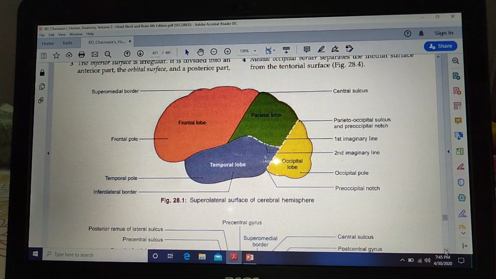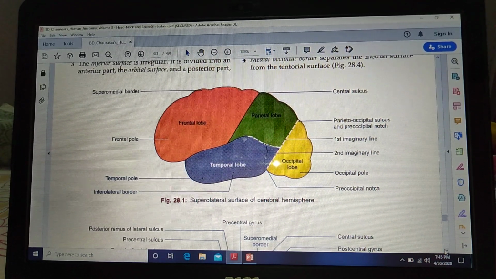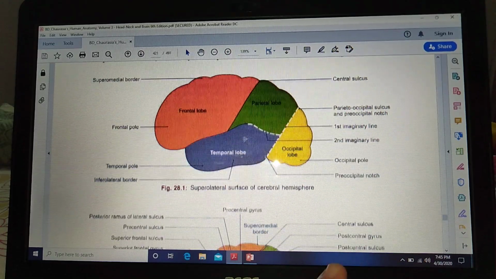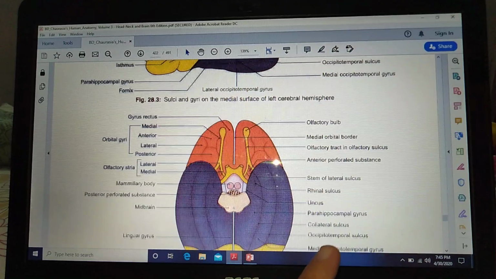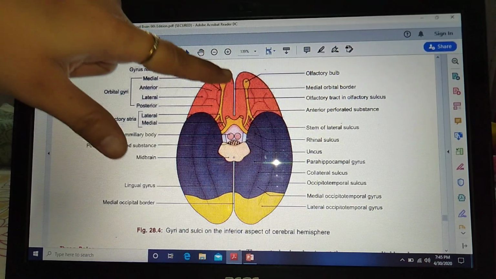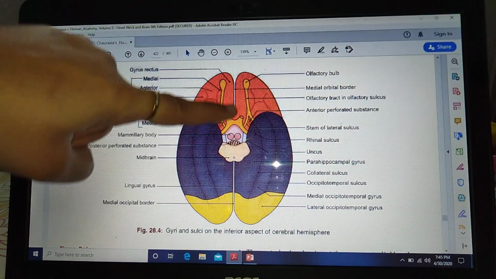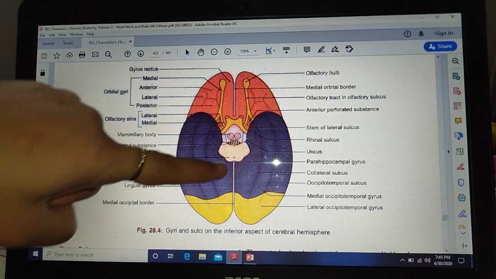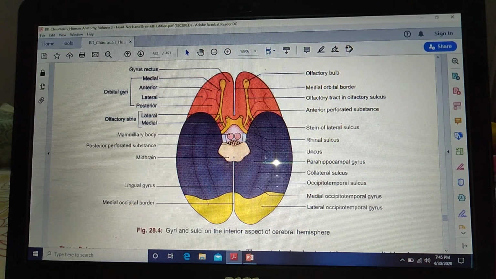Next is the medial orbital border. It separates the medial surface from the orbital surface, right? That you can see in the inferior surface diagram here. Here you can see this border on both sides. This is the medial orbital border, and this border that you identify here is the medial occipital border.